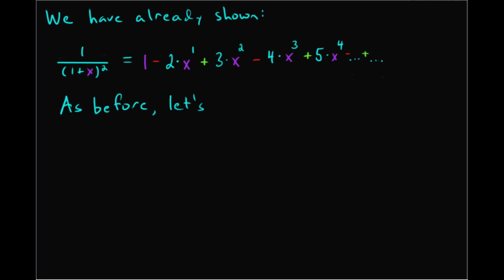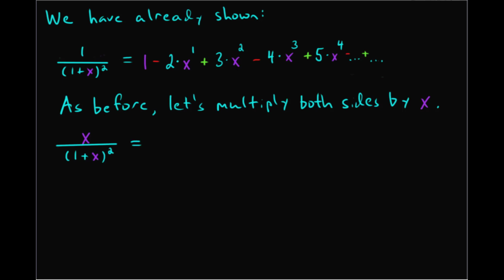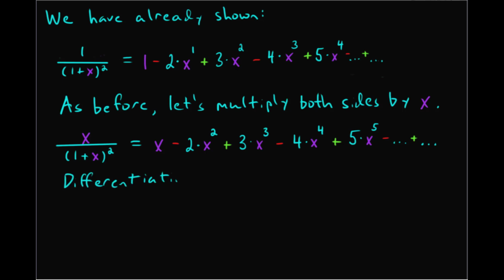So as before, we're going to multiply both sides by x. And when we do that, we get the function x over 1 plus x quantity squared equals x minus 2x squared plus 3x cubed minus 4x to the fourth plus 5x to the fifth minus dot dot dot plus dot dot dot. And now let's see what happens when we differentiate both sides.